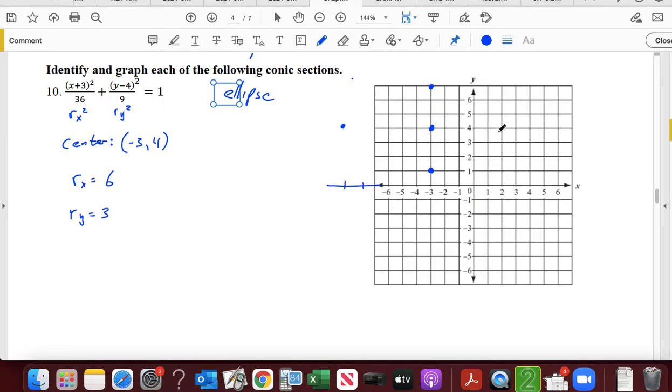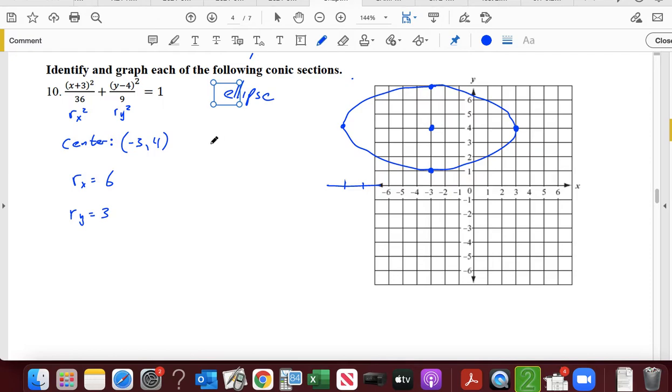Okay, so there's the basic shape of our ellipse. Okay, there's our ellipse. And then I'm going to plot my foci on here too.